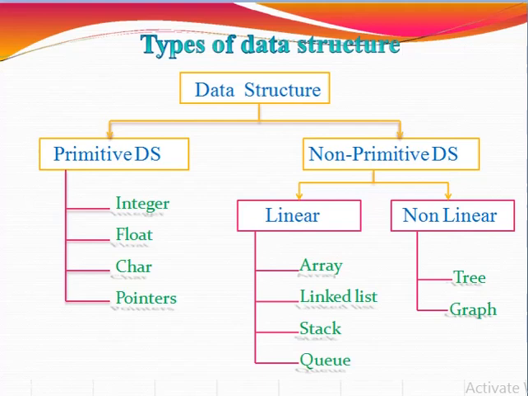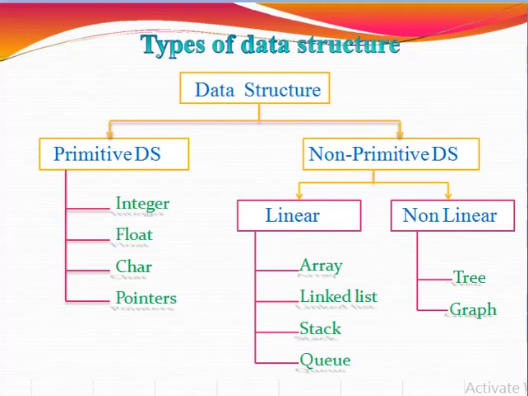Data structures are broadly divided into two types: primitive and non-primitive. Primitive is further divided into integers, floats, characters, pointers, etc. Whereas the non-primitive data structures are divided into two parts: linear and non-linear.